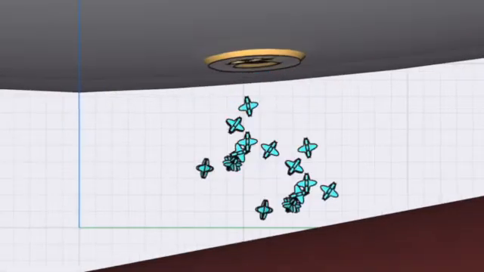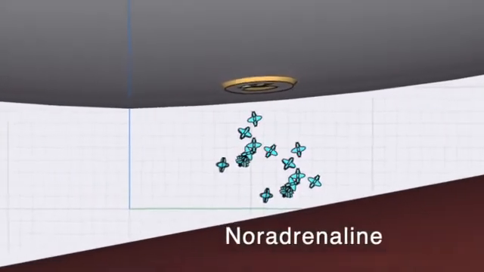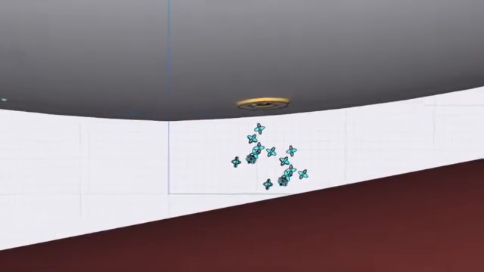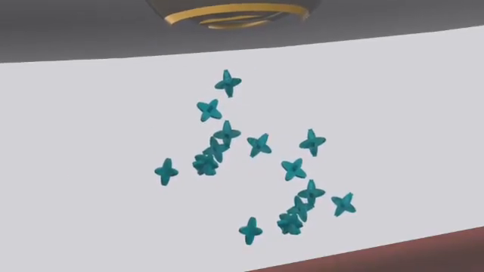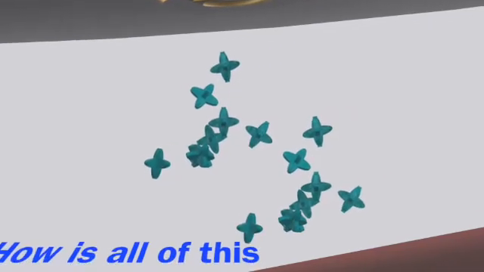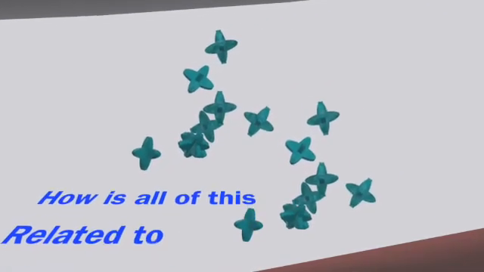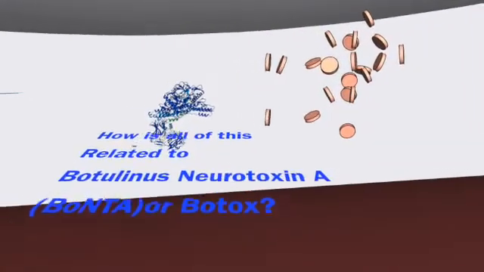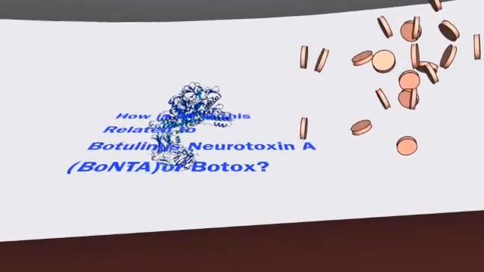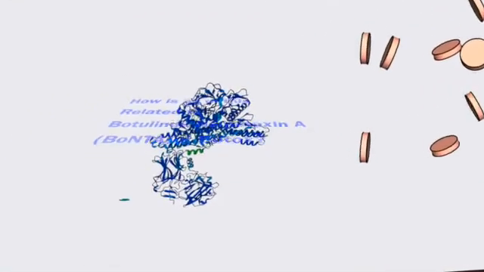This is important because we previously used to think that Botox just inhibited acetylcholine. But we are now going to look at what the effect is of Botox and how this release is related to Botox. Here is the Botox molecule we've previously seen, with its heavy chain and its light chain.